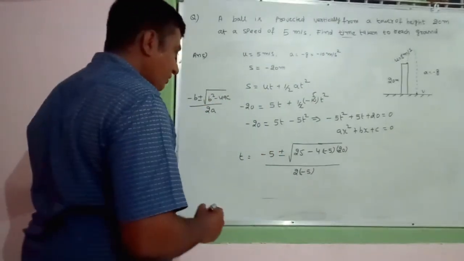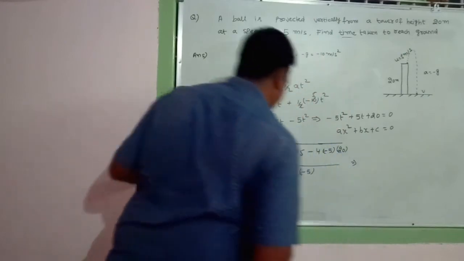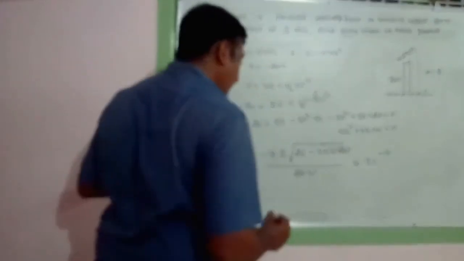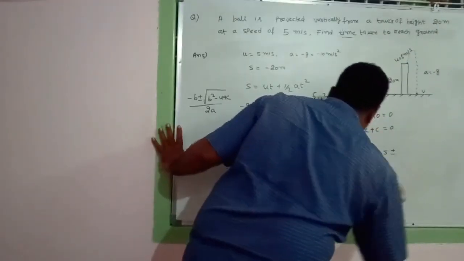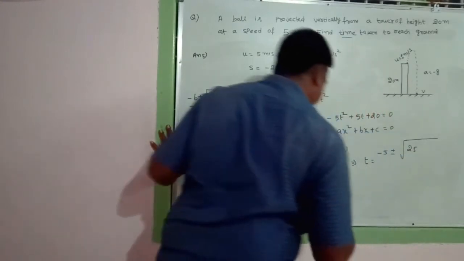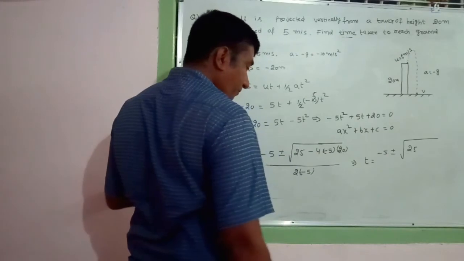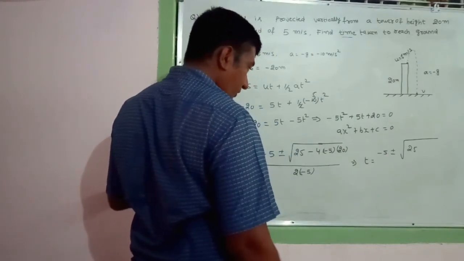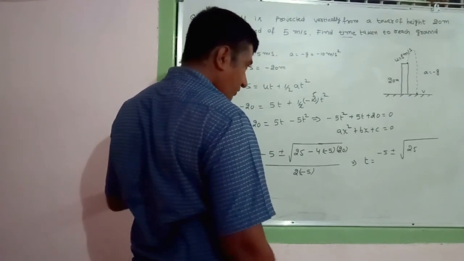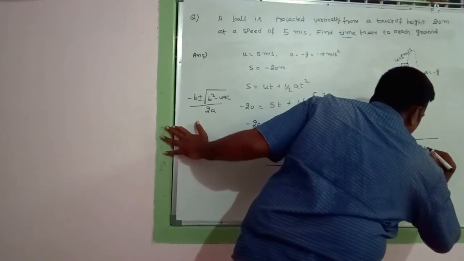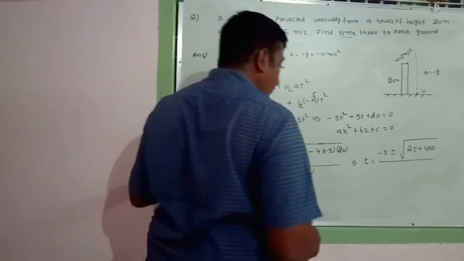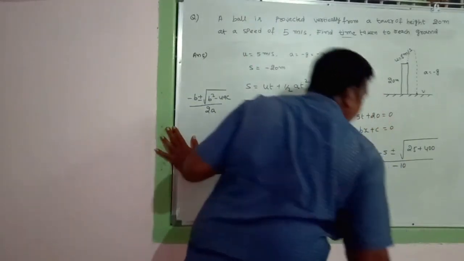By calculating this, t is equal to minus 5 plus or minus root of 25, and 4 into 5 is 20, 20 into 20 is 400, minus of minus is plus, so plus 400, by 2 into 5, which is minus 10.